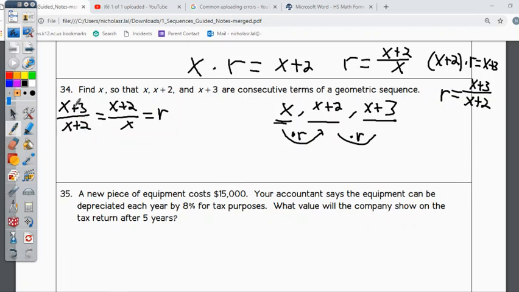So if you just have x plus 3 over x plus 2 equals x plus 2 over x, how could we solve for x in this situation? You're given this problem. How would you solve for x? Think back to your Math 3 days. What steps could I take to solve for x?